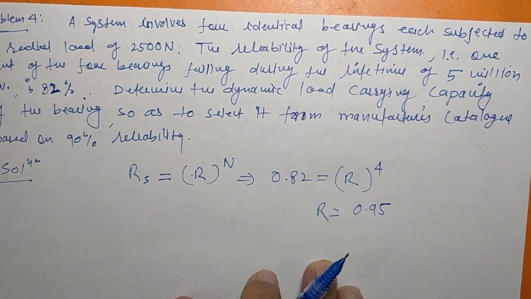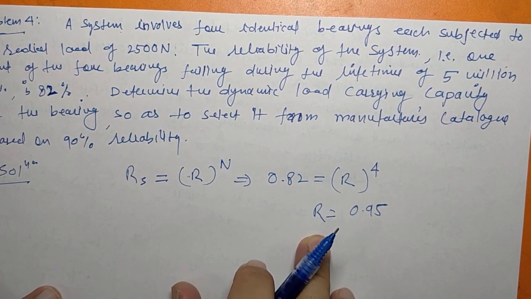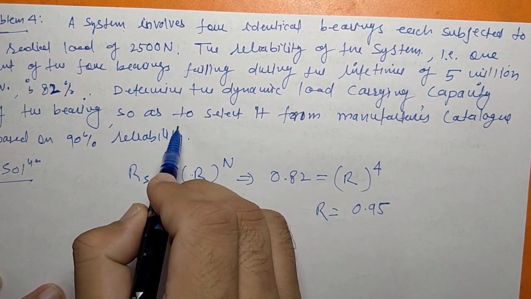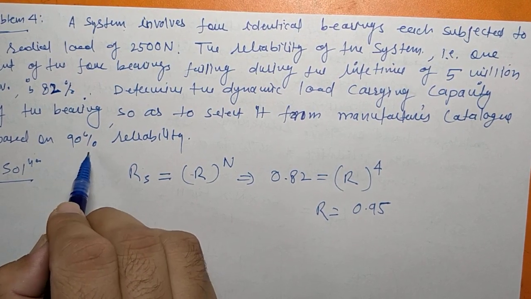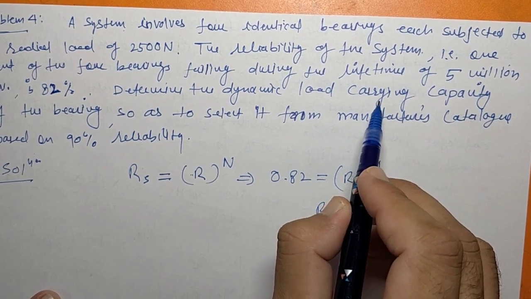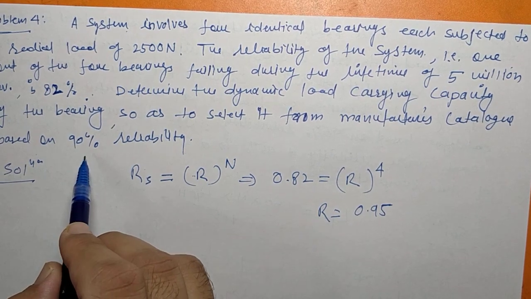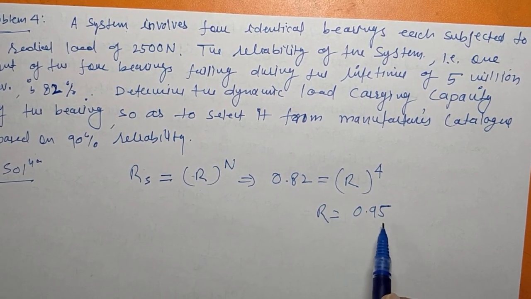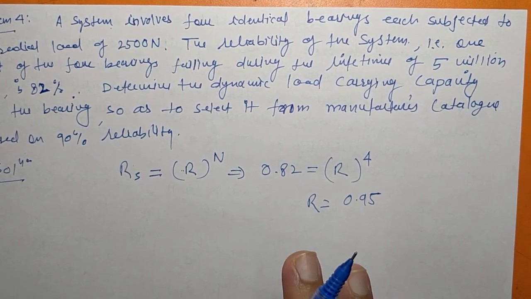Now we need to find the dynamic carrying capacity according to a reliability of 90%. We need to know the L10 life. According to our 95% reliability, we are talking about the L95 life.